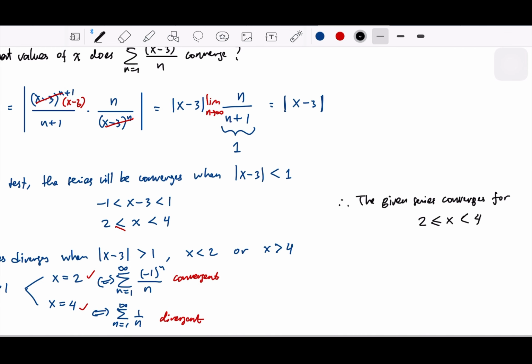So it's step by step: taking the ratio and then using the conclusion from the ratio test, which has 3 conclusions: less than 1, greater than 1, and equal to 1.